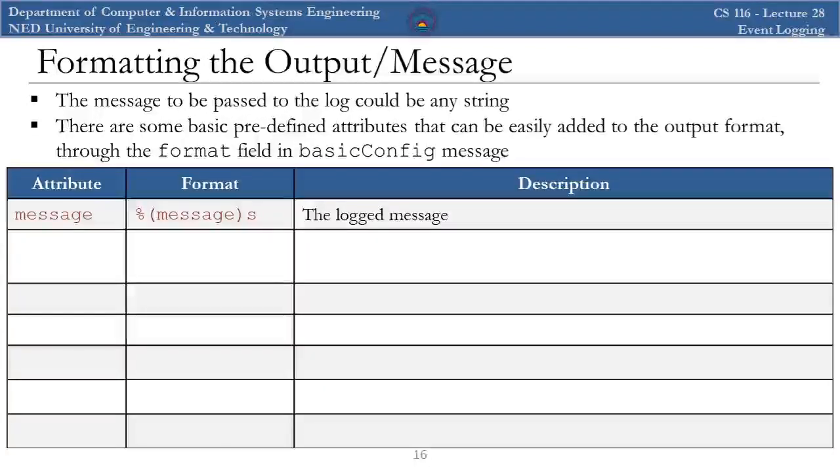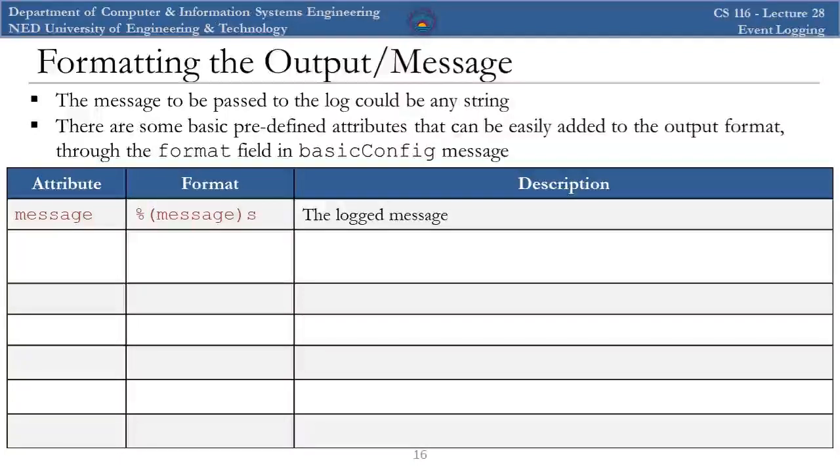This is the first one. This is actually the same message that you will pass through that method, debug or info. So how you will print it, you'll just write format equals to, format is the parameter in that basicConfig method. So format equals to, and you'll use this same format written here, that percent sign, bracket, message. Now here this message is kind of a keyword, and then at the end you are placing that small s. Small s means that it is going to be a string type of element.